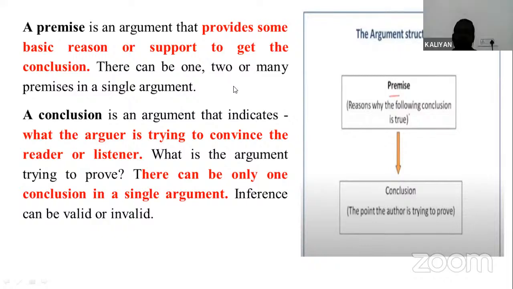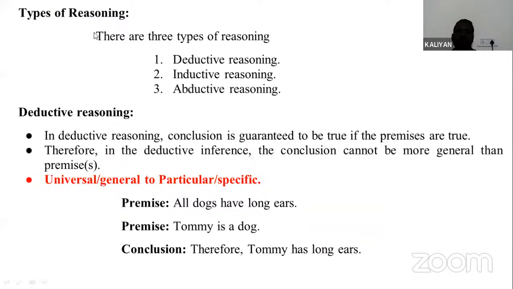So what are the types of reasoning? In logical reasoning, there are three types of reasoning. In research methodology we saw three types: deductive reasoning, inductive reasoning, and abductive reasoning. So what is deductive reasoning?